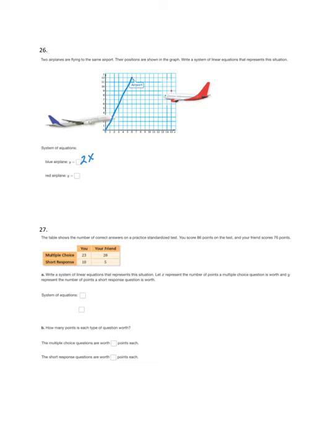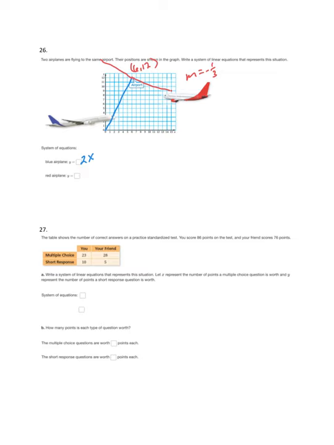For the red airplane, if I connect the red dot to the airport line, my line isn't super duper straight here, but I can see that it has a slope of -1/3. And I can't quite tell where my y-intercept is, but I see it's going to be somewhere up here past 12. This airport looks like it's at the point 6, 12.